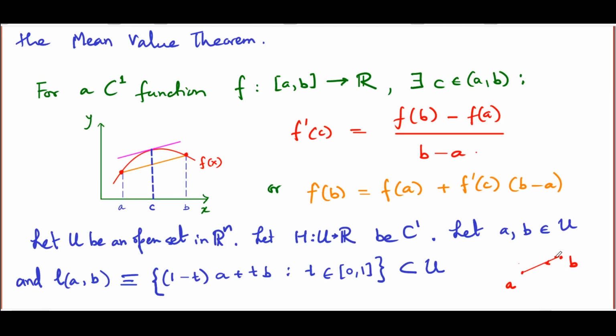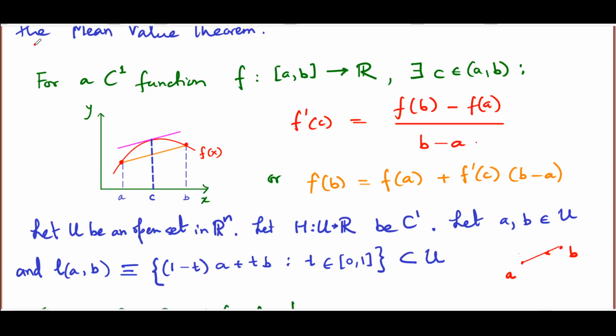In fact, when t is equal to 0, then this point is exactly A, and when t is 1, it's B. So, this set of points as t changes traces out this straight line in R2 in our example, but it should be obvious that in Rn, this should be a straight line joining the 2 points A and B. That's why we have written this as L_AB, L for the line. The idea is that we are demanding that A and B are 2 points in U, such that the line joining A and B is also in U. So our set U contains every point in this line.